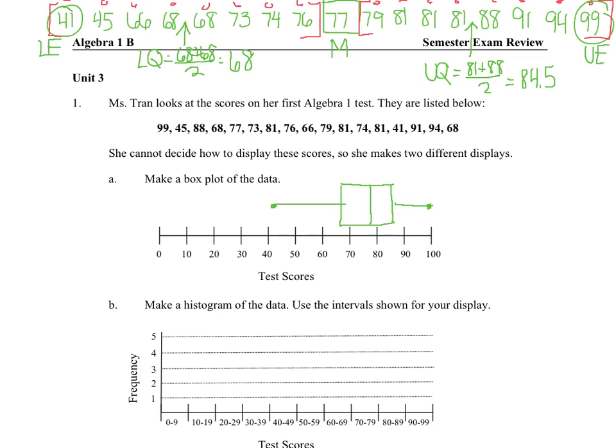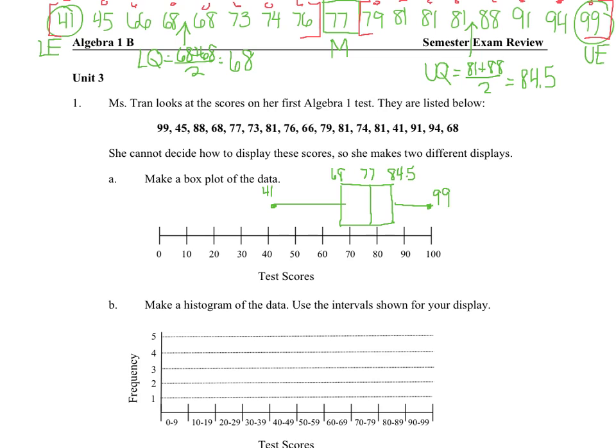I highly recommend that you label your numbers: 41, 68, 77, 84.5, and 99, just so whoever's grading your exam knows exactly what points you are trying to graph. So this is our box plot.